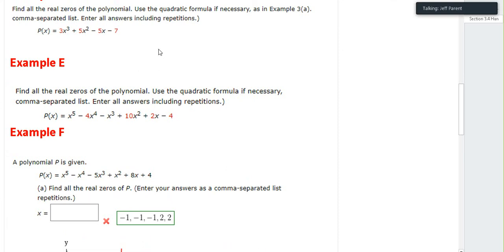All right. Let's move down to example D, unless there's some questions on example C. Example D. So P of x is 3x cubed plus 5x squared minus 5x minus 7.